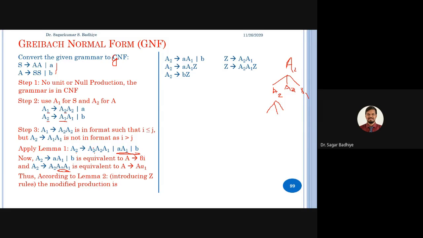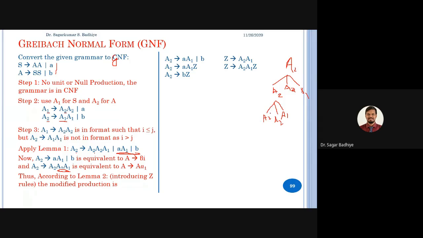So accordingly, every time when A2 will be expanded, it would be expanded by using the first rule itself for the first time. So when this A2 will be expanded for the first time, it would be replaced by A2 A1. Second time this A2 will be expanded for the first time, again it would be replaced by A2 A1, A1, right?